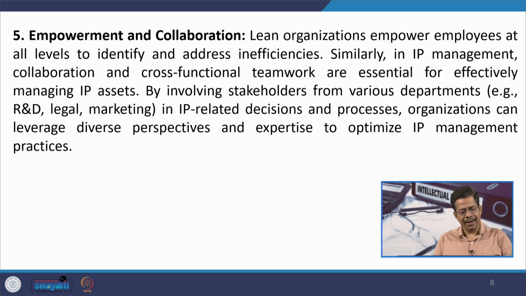Another important principle is empowerment and collaboration. When we are talking of lean in our organizations, if one department is following the lean principles but another department is not, whatever benefits we derive from the first department will be offset by the second, because they do not understand the importance of waste minimization, value addition, etc. So, the real implementation of lean, efficiency, and effectiveness is only possible when we have empowerment and collaboration.